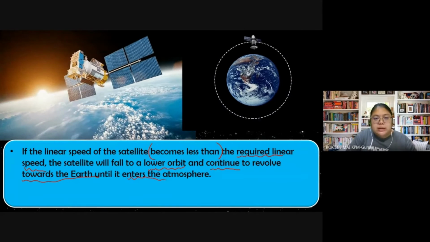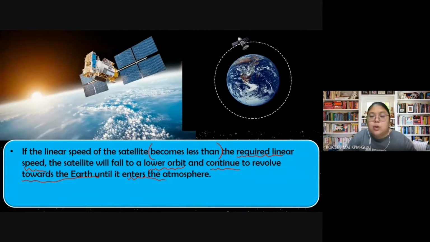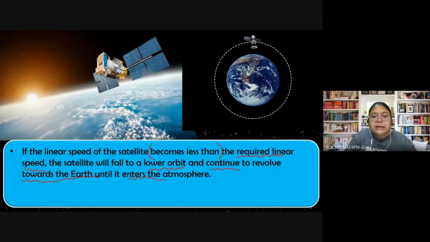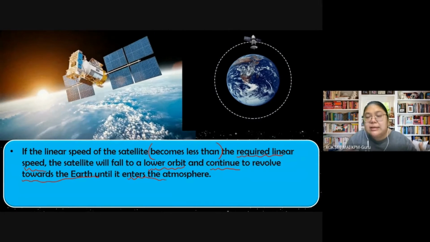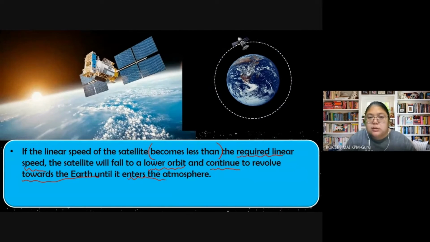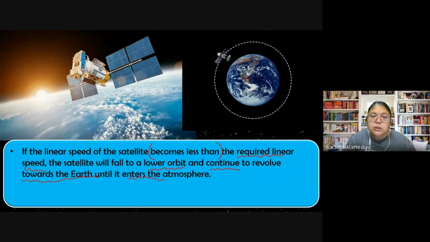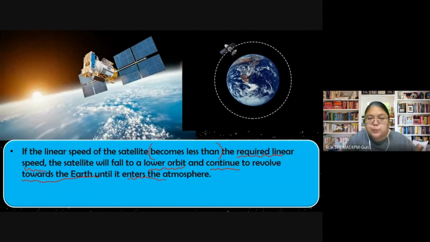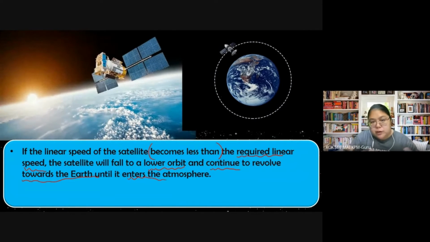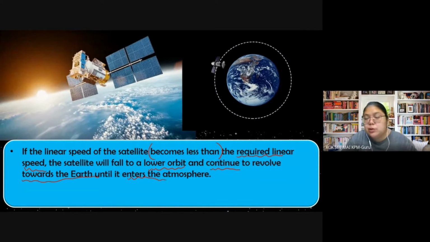So that means this satellite goes into the atmosphere because the linear speed becomes less than the required speed. So what is the required linear speed? Later we need to see. So that means there is a minimum speed. Okay, for the Earth, we got some linear speed. That means we need to control.